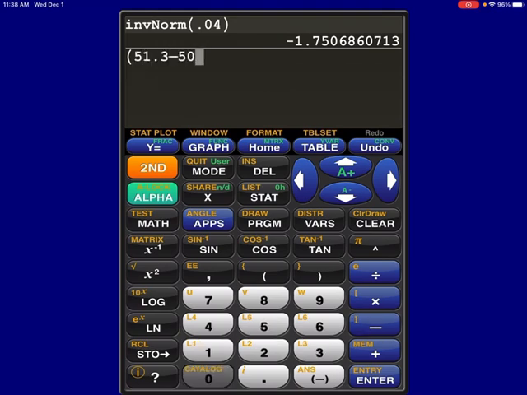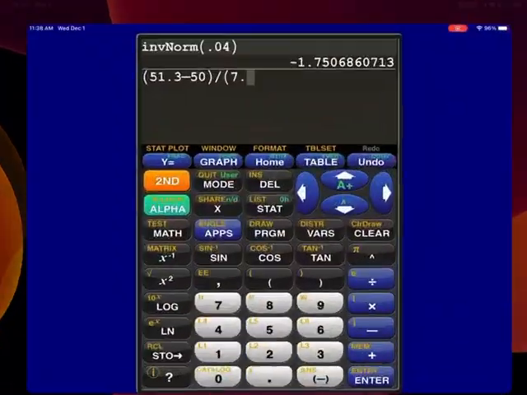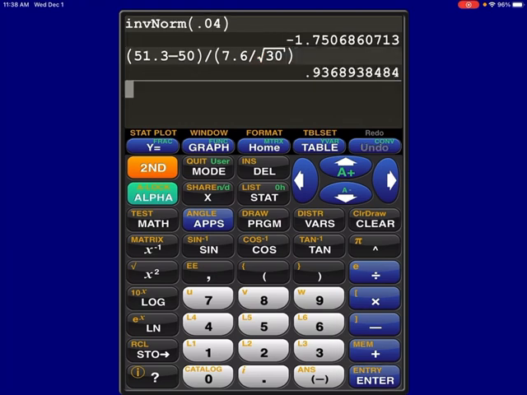Parentheses 51.3 minus 50 divided by 7.6, divided by the square root of n, which in our case was 30. I'm going to close out those parentheses, hit enter, and I'm coming up with 0.94.